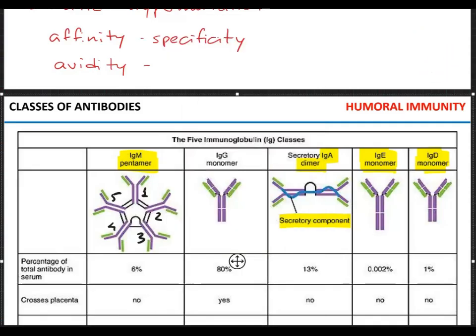IgMs have relatively low affinity for each FAB fragment. But there are 10 FAB fragments. So it's a lousy glue, but there are multiple points of attachment. Okay?